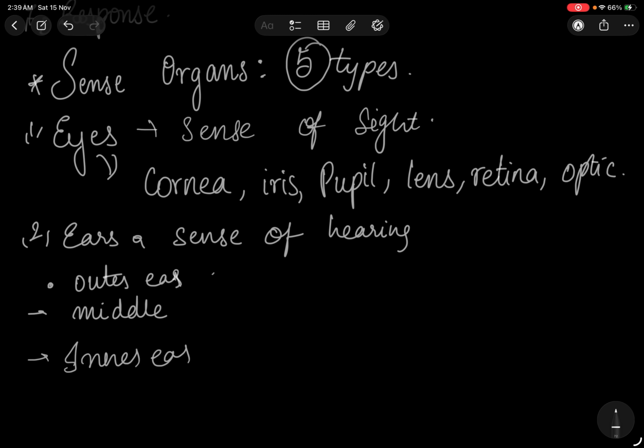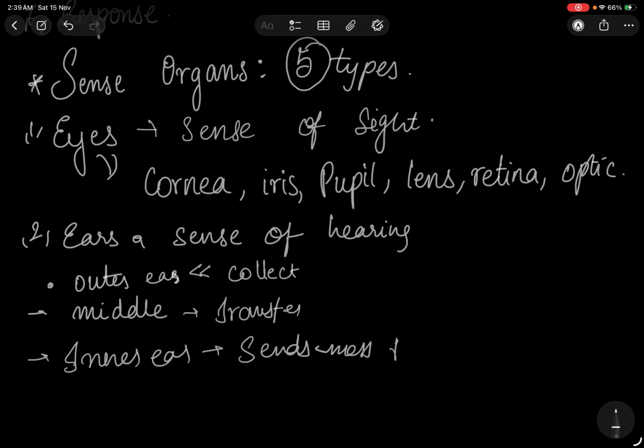The outer ear collects the sound. Okay, and the middle ear transfers, and the inner ear sends the messages to the body. So it also helps in balancing the body.